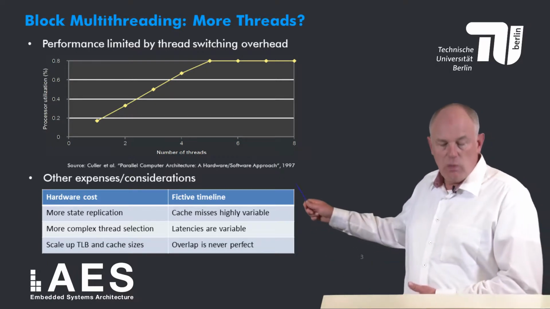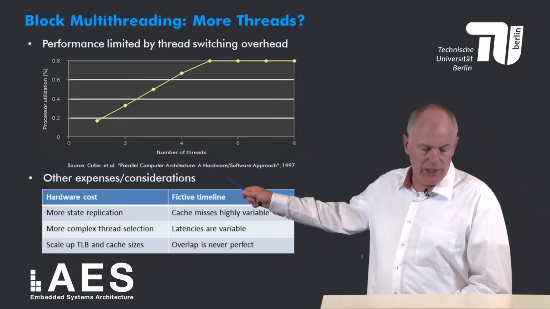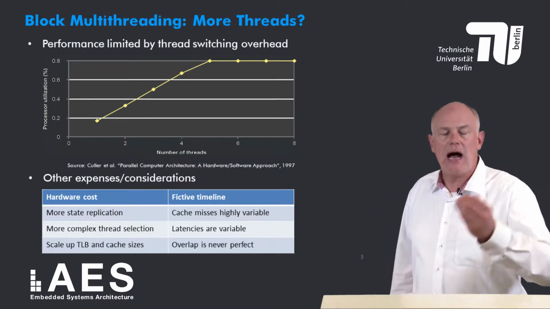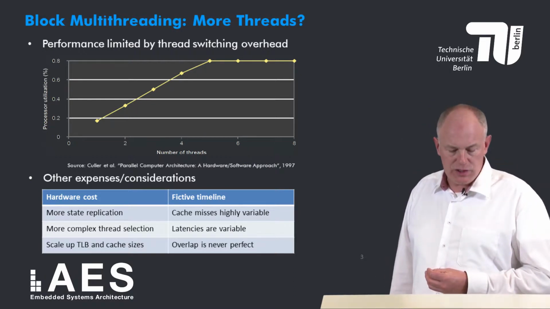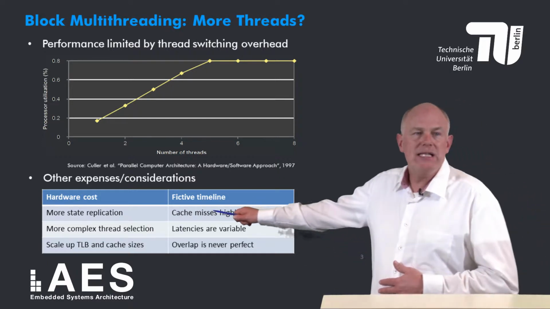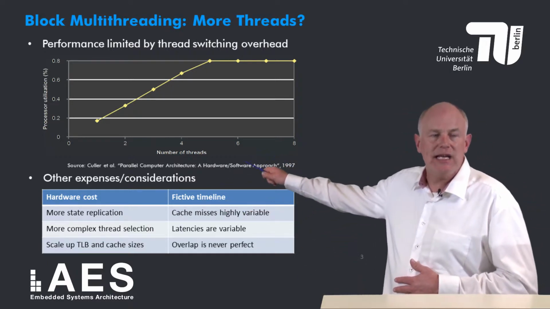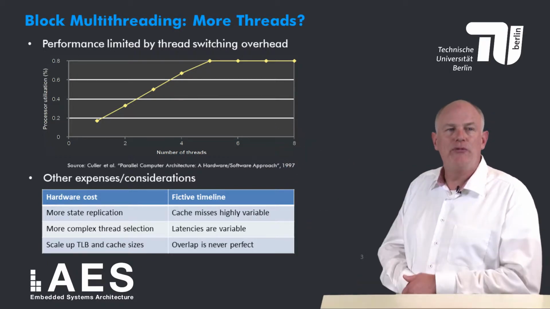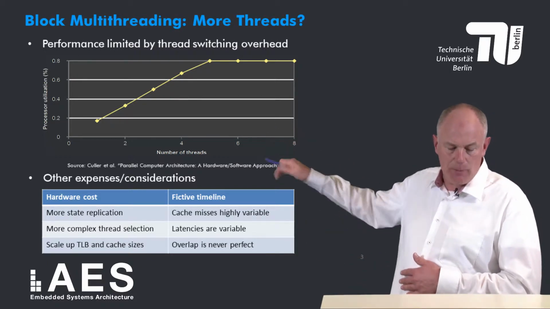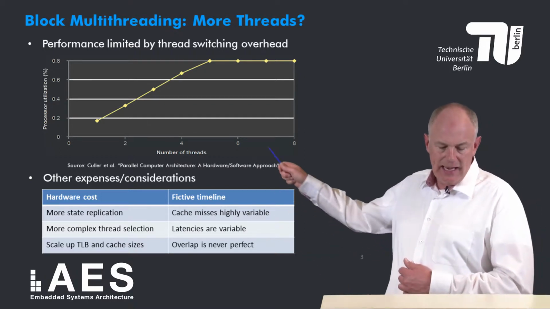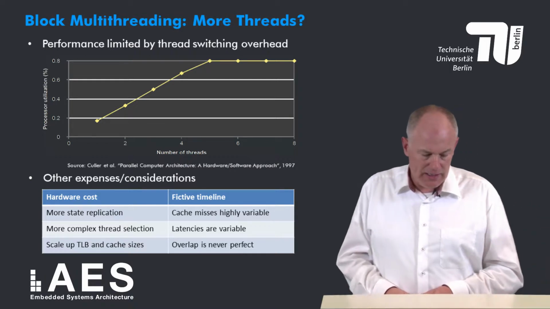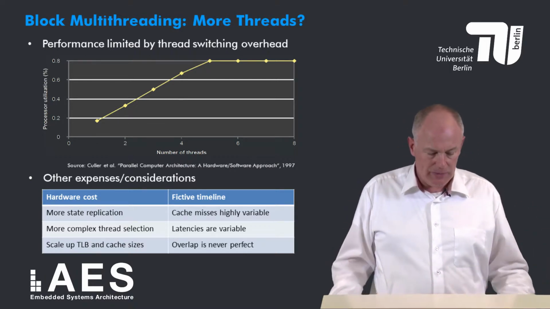When we double the number of threads, the utilization also almost doubles because we can hide some of the stall cycles. Basically, the utilization increases until we hit the performance limit, which in this example is around 80%, and at that point the performance is limited by the thread switching overhead.